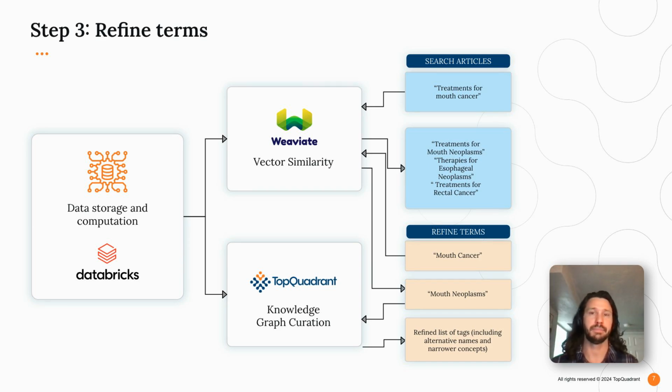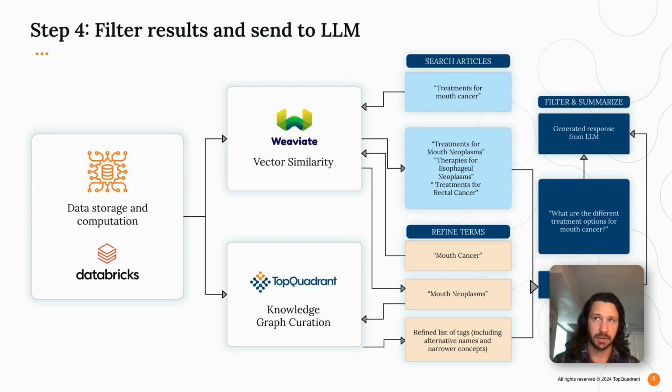We want to include that. That's why that filter layer and the ability to have a richer controlled vocabulary is so important. Now you have a refined list of articles that are only the ones you actually want. You can send that with your original prompt, what are the different treatment options for mouth cancer, to the LLM. That's the filter and summarize results. So that's how it works in theory.